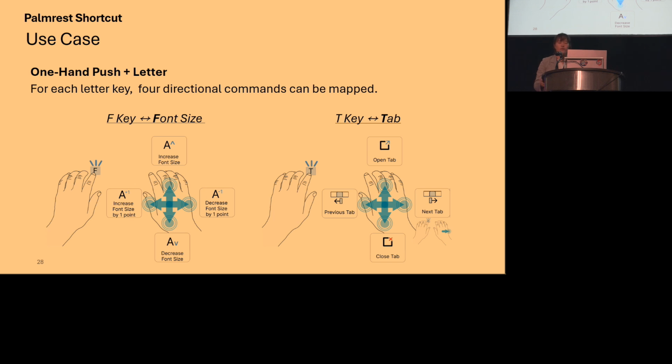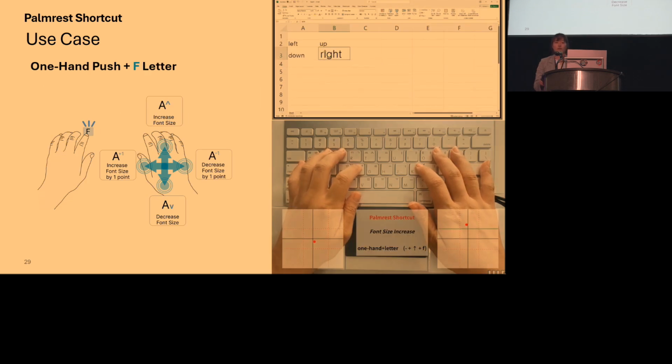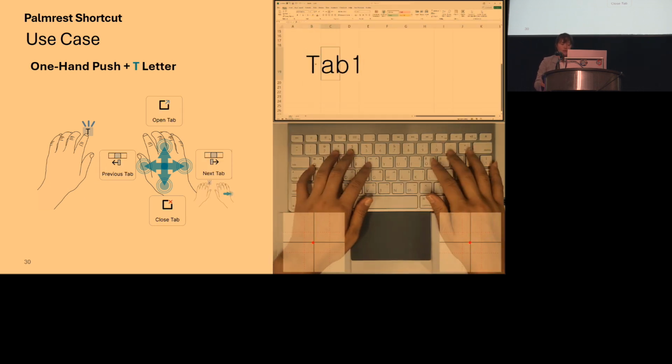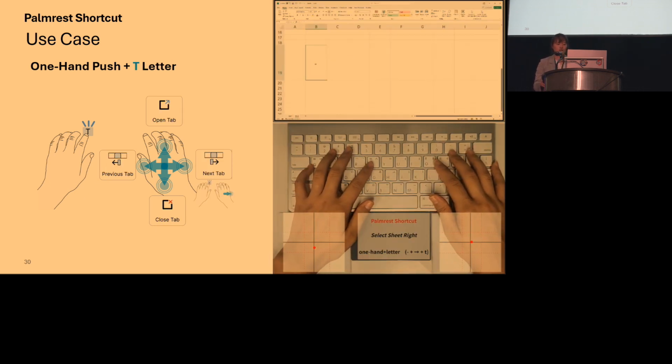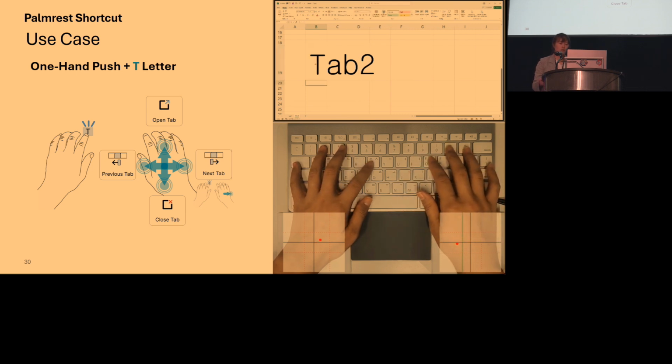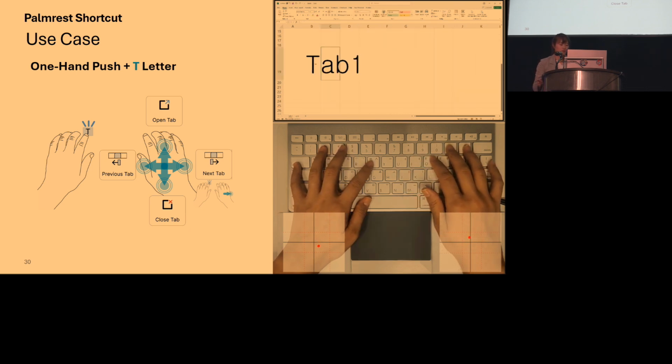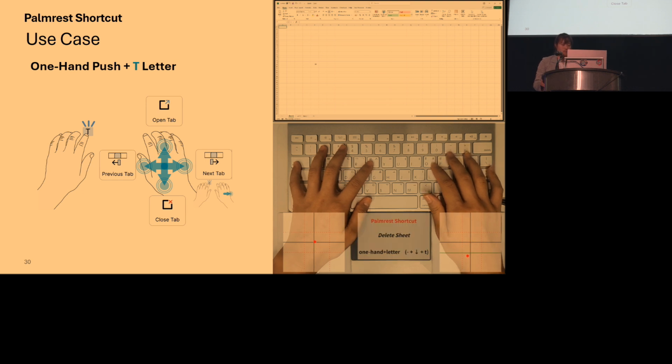For each letter key, 4 directionally related commands can be mapped. For example, for the F key, commands related to font size adjustment can be mapped. And for the T key, commands related to tab manipulation, such as tab switching or tab opening and closing, can be mapped.